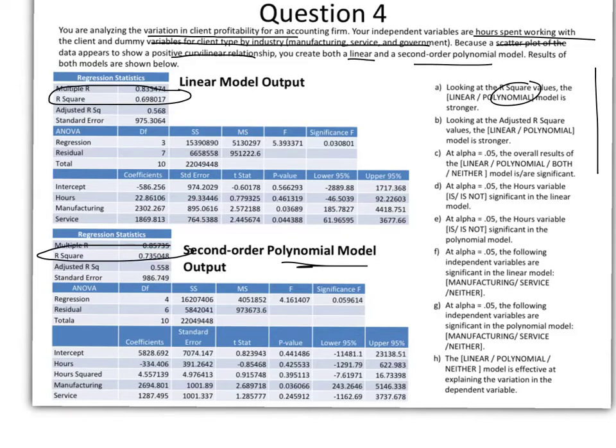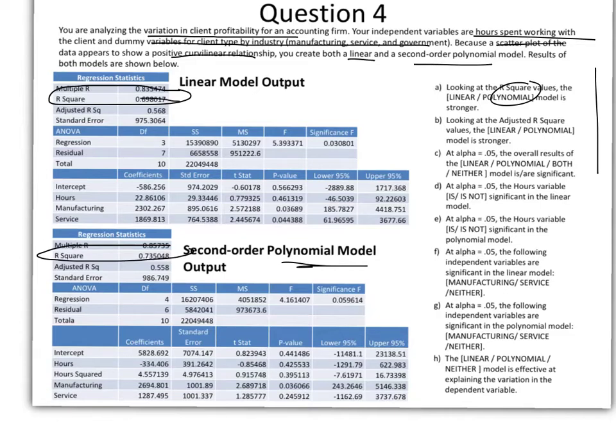Now looking in part B at the adjusted R-square values. Remember, adjusted R-square takes into account the multiple variables, and the more variables you add, R-square is always going to be driven higher, so this is adjusted based on your sample size. In a multilinear regression model, we would want to look at adjusted R-square as well.